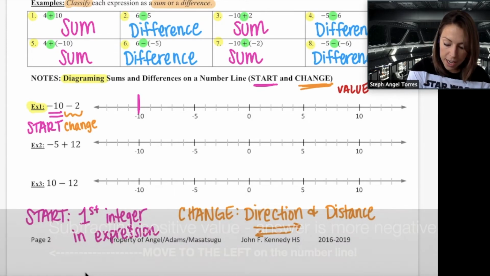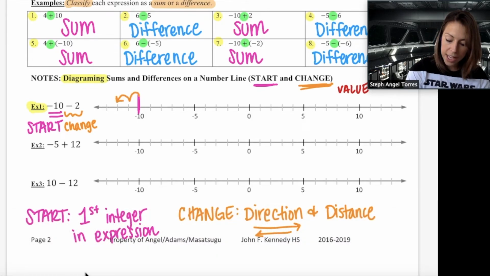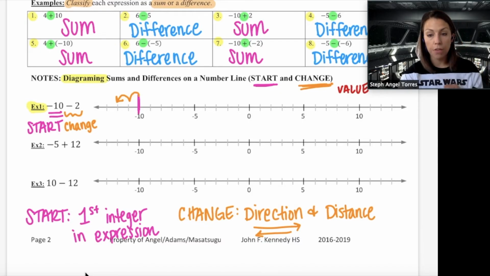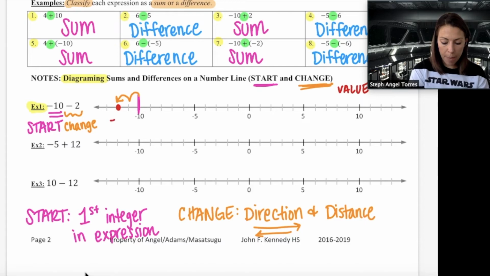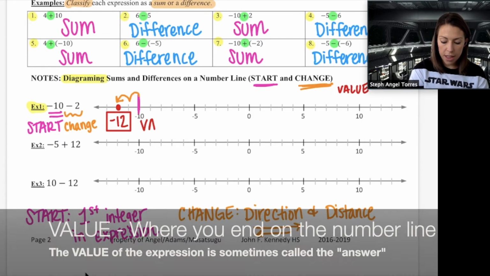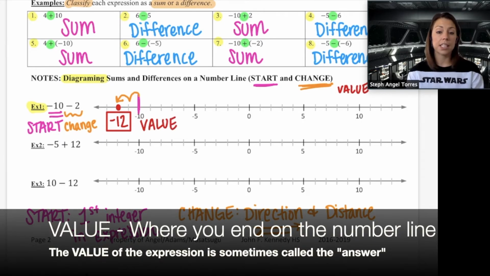Starting at negative 10, I'm moving to the left 1 and 2. And that brings us to the final part of our diagram, which is where we ended up. We ended up at negative 12. I'm going to put a box around it because that shows where I ended up. That is called the value of the expression. So in other words, what is negative 10 minus 2? That's negative 12.